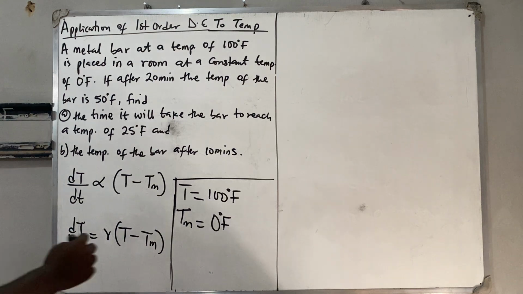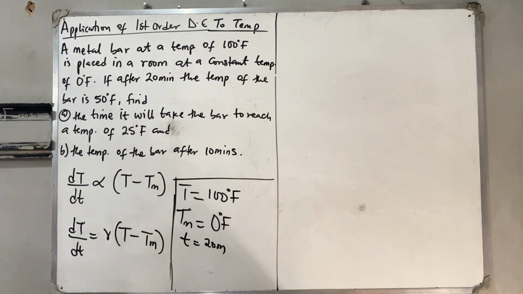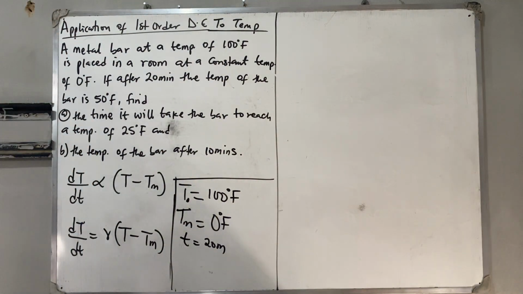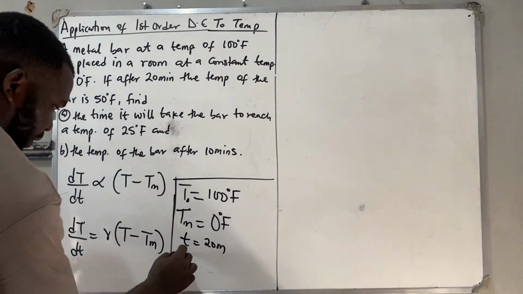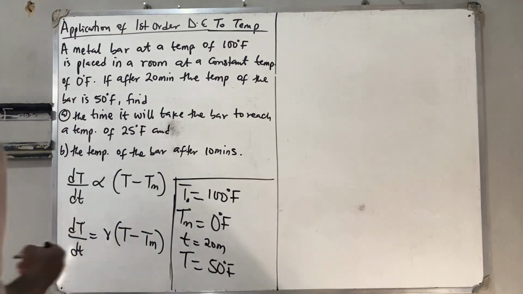After 20 minutes, so the time is 20 minutes, the temperature of the bar is now 50 degrees. The initial temperature of this body is 100, and the current temperature is 50 degrees Fahrenheit after 20 minutes.